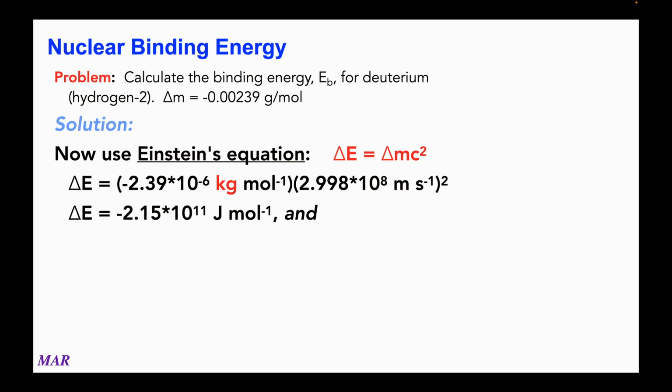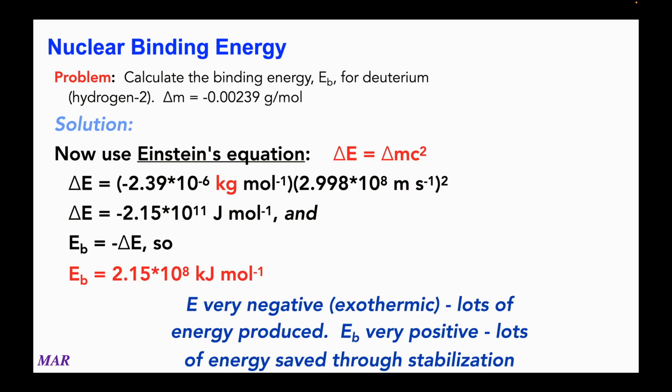And you could figure out delta H products minus delta H reactants to figure these kinds of things out, by the way. But those energies are much, much less than 10 to the 11th joules per mole. When you make things like deuterium, you are getting an incredible amount of energy out. Not just a little bit, but a lot of energy out. And we'll come back to that in a little bit.